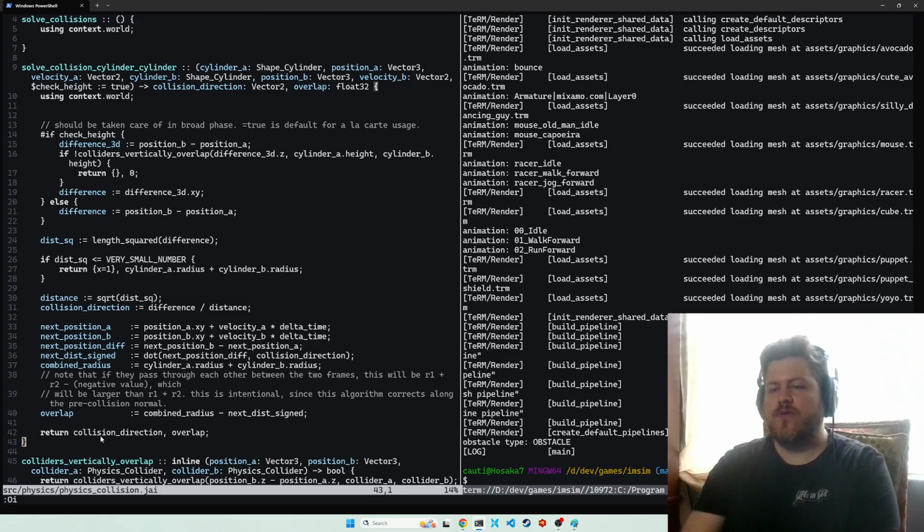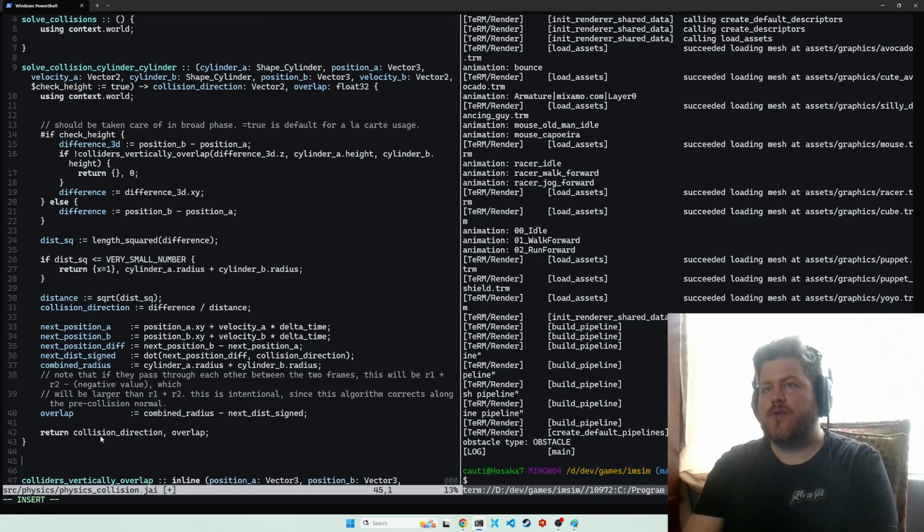So this is called solve collision pillbox, and we're going to start with the cylinder. And I'll just copy this stuff and bring it down.